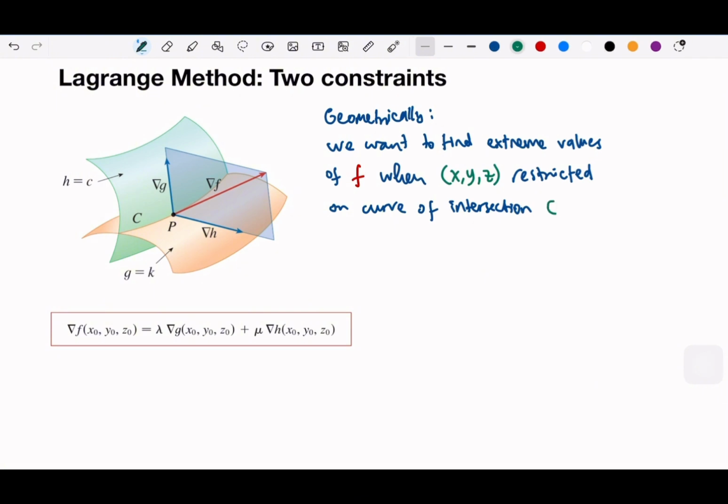Let's say we have C, the curve of the level surfaces. So the curve C is the intersection between g equal to a constant and h, which we can turn into our Lagrange multiplier equations.